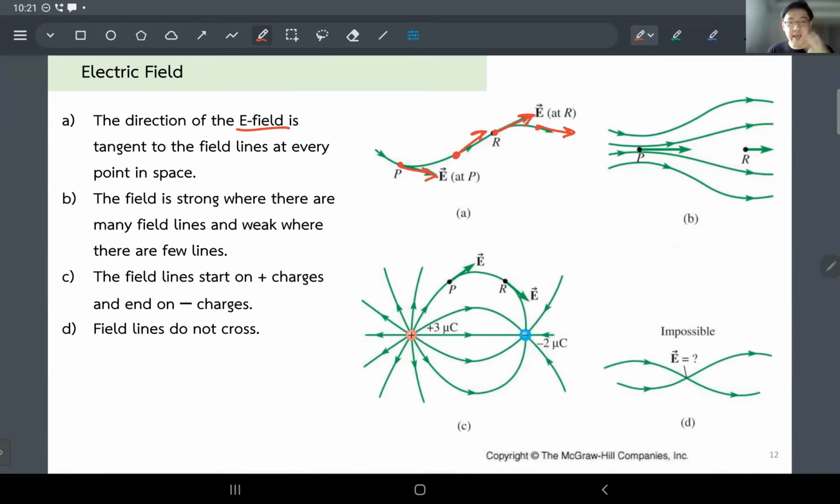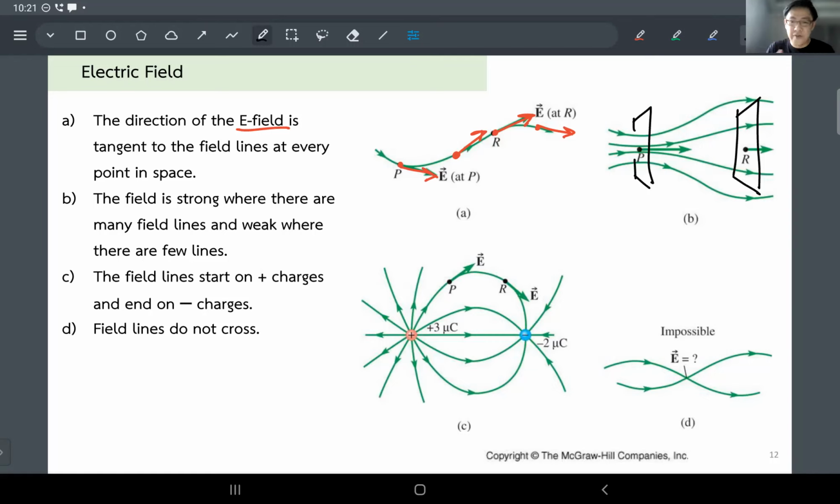The second thing we have already discussed. Look at figure B. If I place a cross section or an area between point P and point R, you agreed with me last time that at point P, the strength of the electric field should be stronger because the density of lines is higher. That makes sense, right?